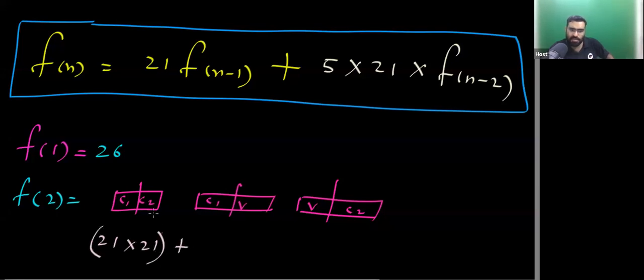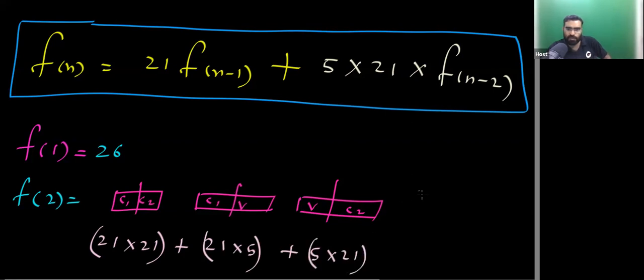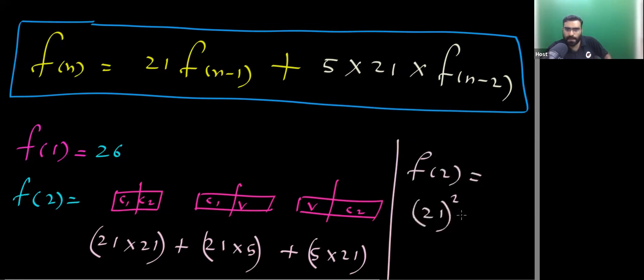Consonant vowel is 21 multiplied by 5. Vowel consonant is 5 multiplied by 21. So F2 is 21 squared plus 210 plus 210.